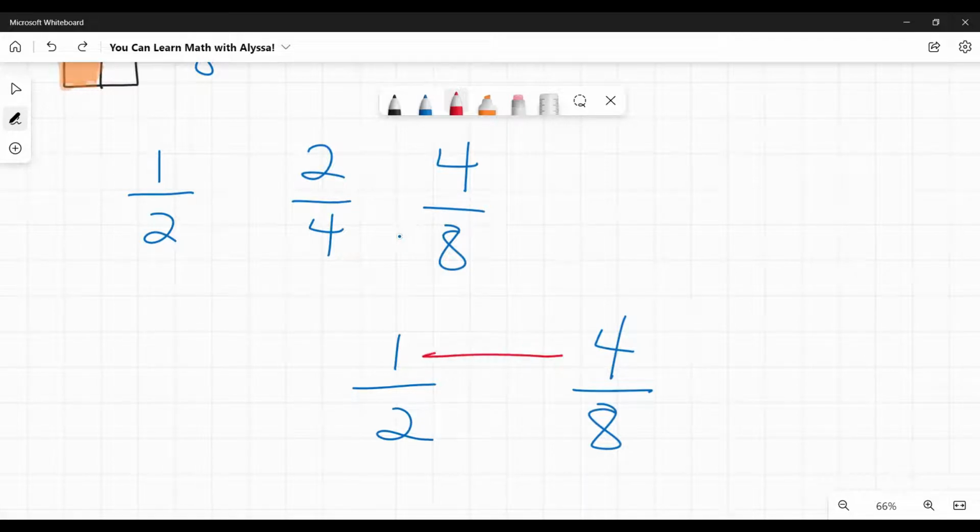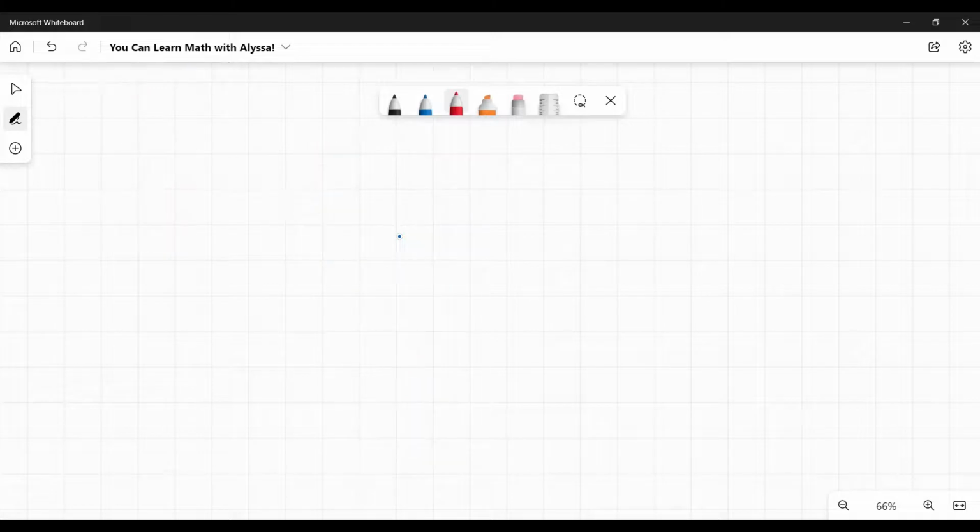If I want to make it simpler, to make those numbers smaller, I need to divide by the same number on top and bottom. So when we have fractions that need to be simplified, we look for the biggest number that I can divide the top and the bottom by. It has to be the same number, top and bottom.